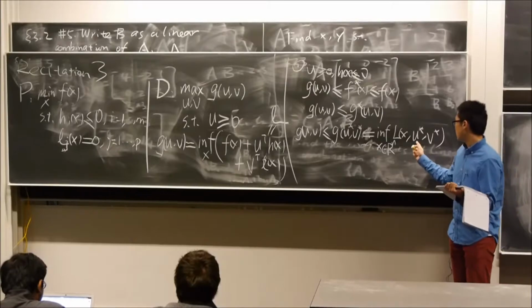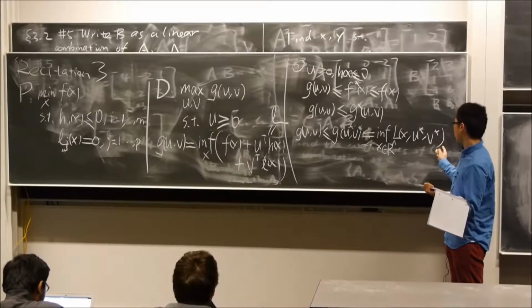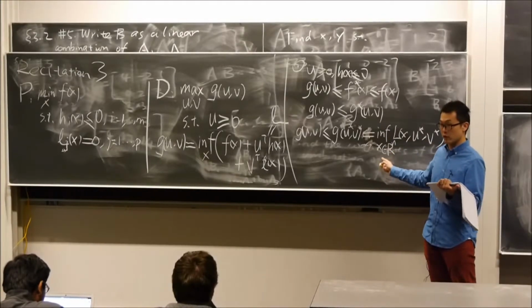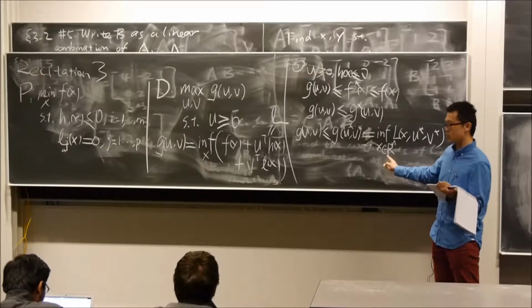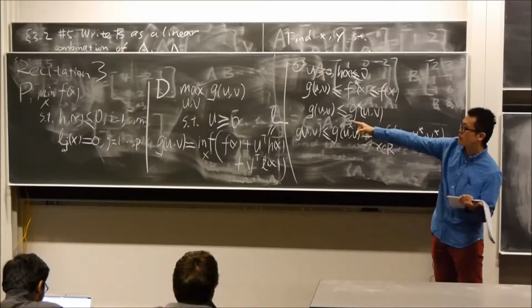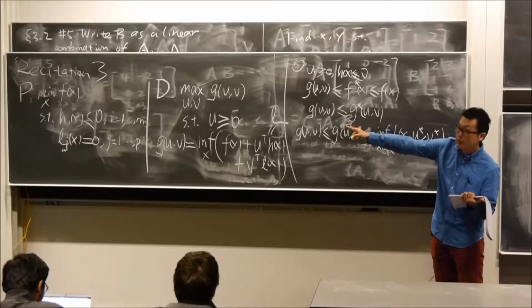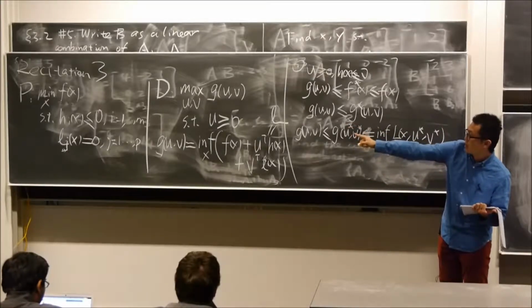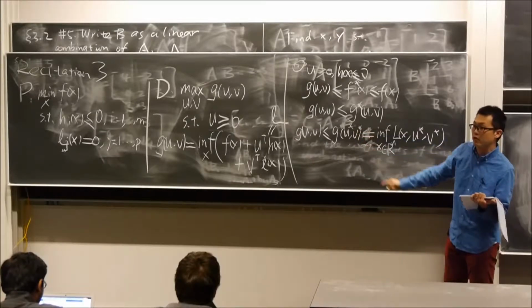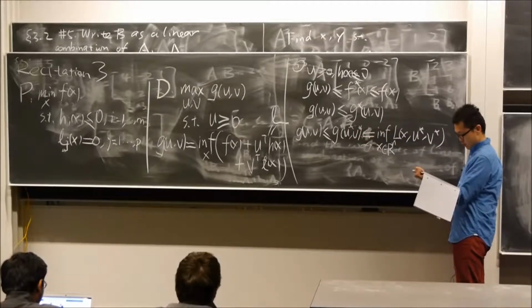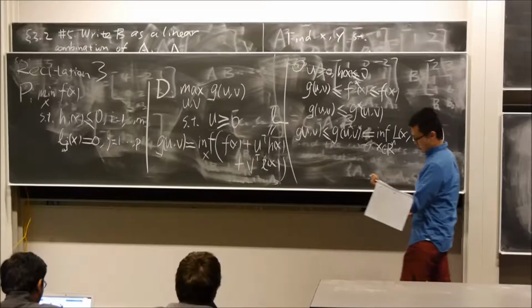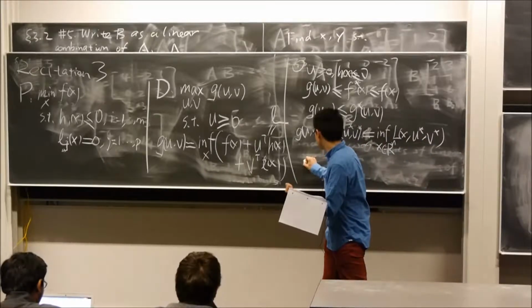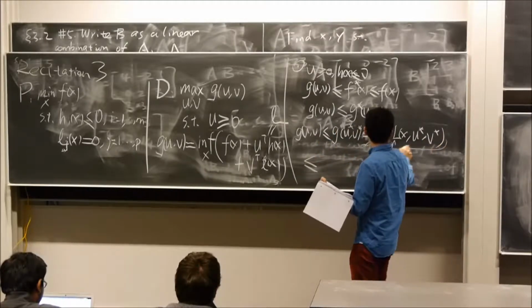So restricted to the solution u star and v star, we take the inf over all x in R^n. Note that this set is larger than the primal feasible set, but it contains all the x that belong to the primal feasible set.